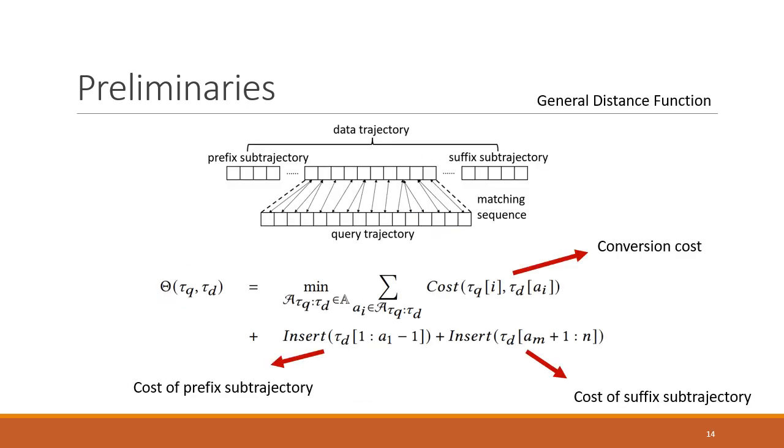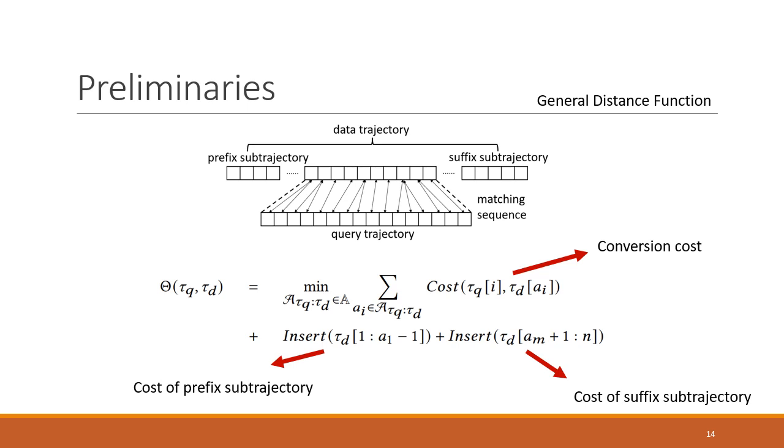For any given matching sequence, we can compute the conversion cost of transforming the query trajectory through the defined matching sequence into a subtrajectory in the data trajectory. Since the matching sequence only considers a subtrajectory of the data trajectory, we need to consider an additional prefix subtrajectory and the suffix subtrajectory.